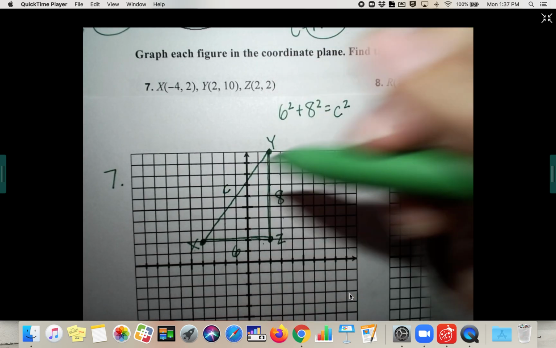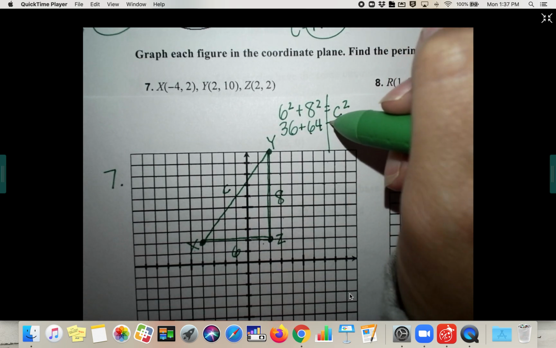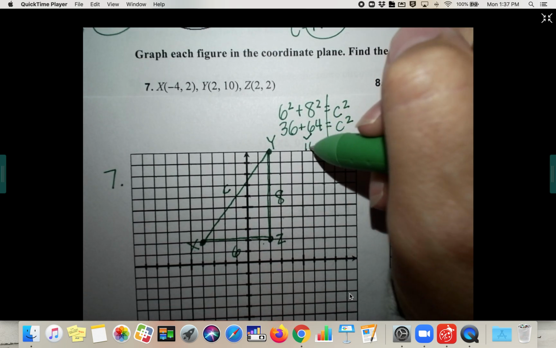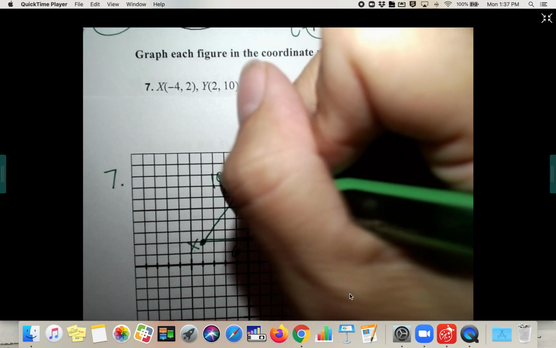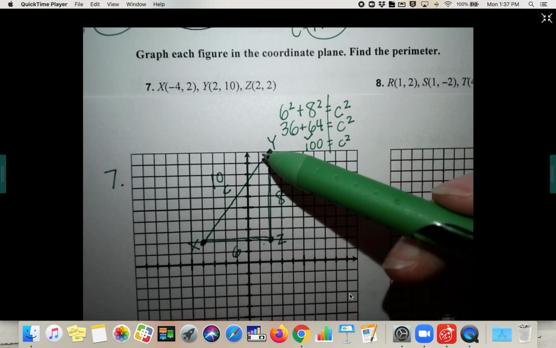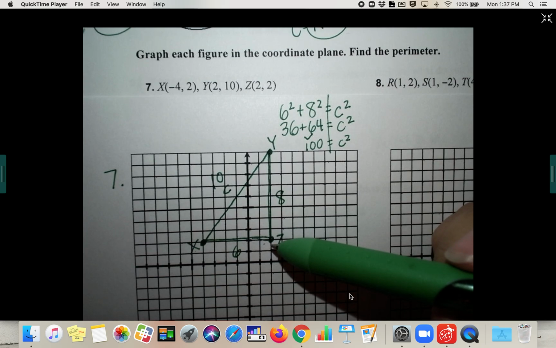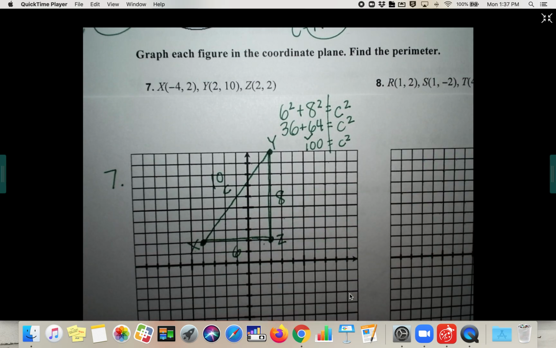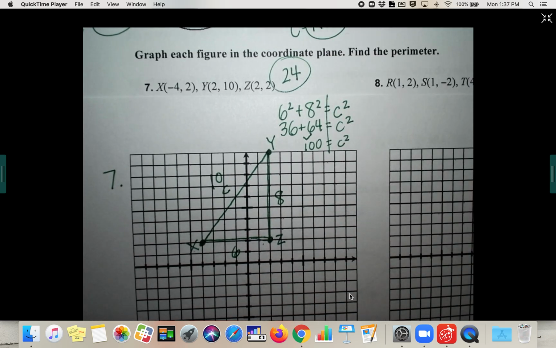We don't know what the C side is yet. 36 plus 64 is 100. So that means C equals 10. So since C equals 10, the perimeter is 10 plus 8 plus 6. So 10 plus 8 is 18. That would be 24 units. We don't know what the unit is.